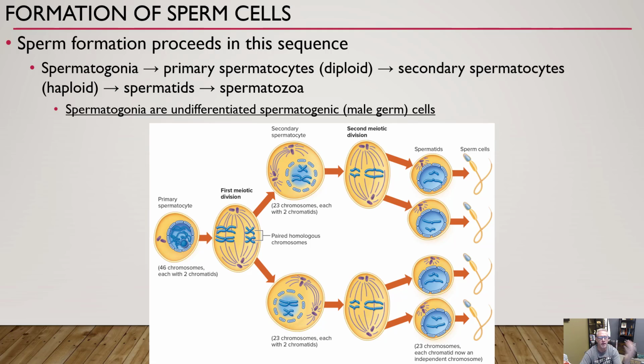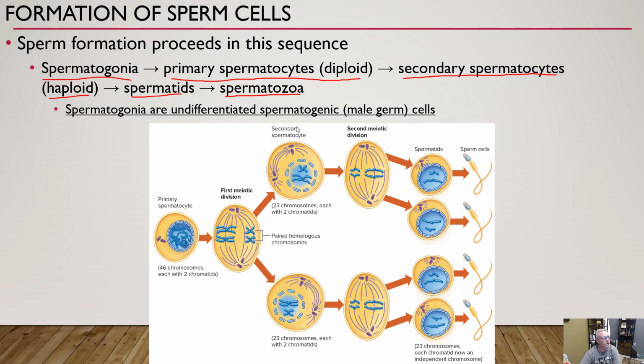So we have the spermatogonia to the primary spermatocytes, which are diploid. Then the secondary spermatocytes, which are haploid. Then the spermatids, then the spermatozoa.